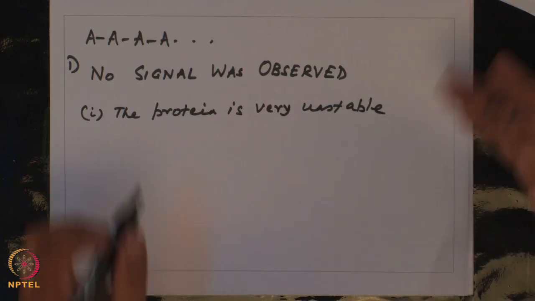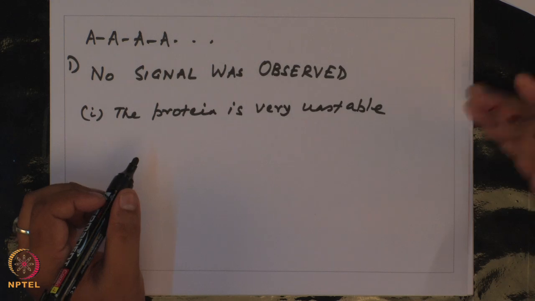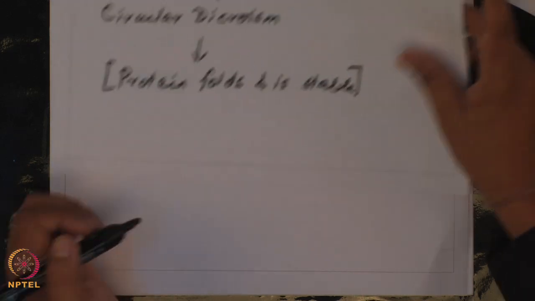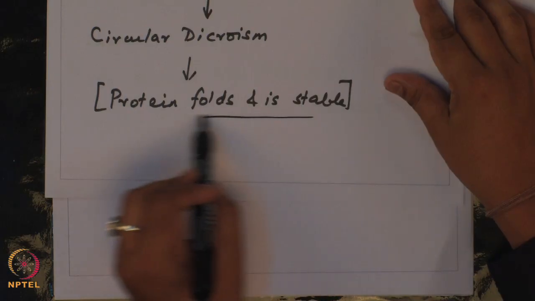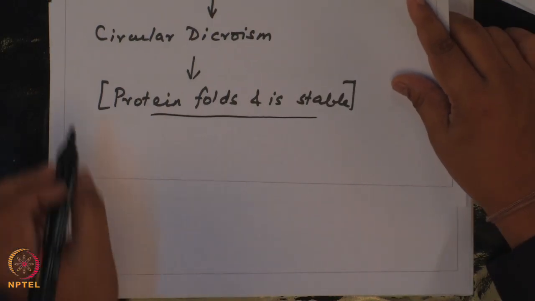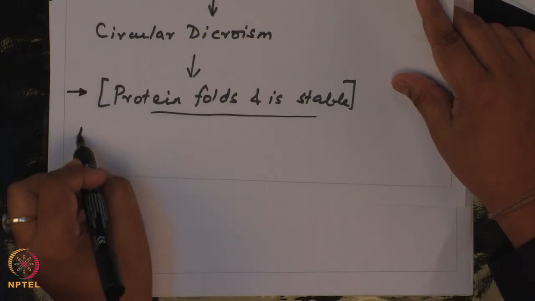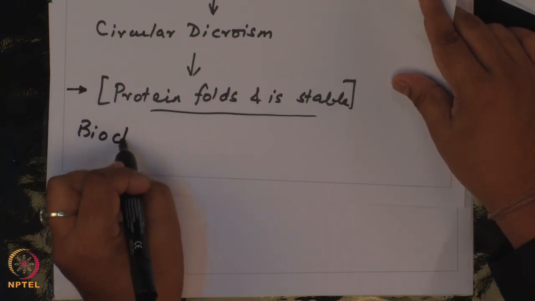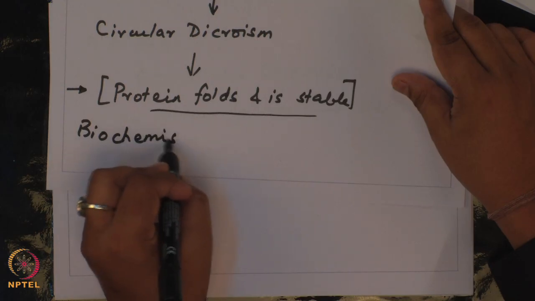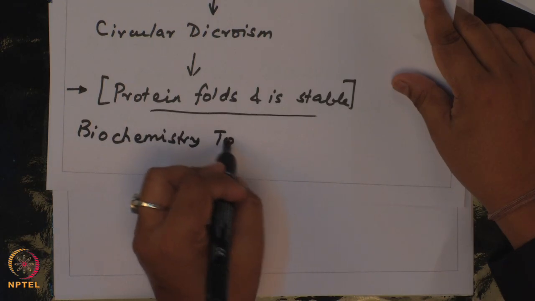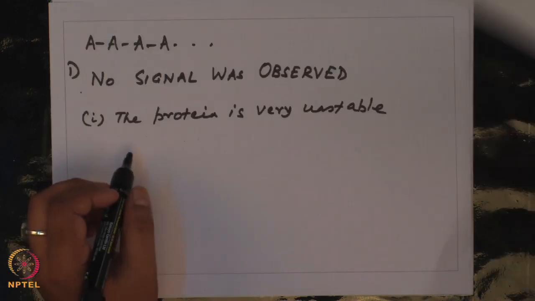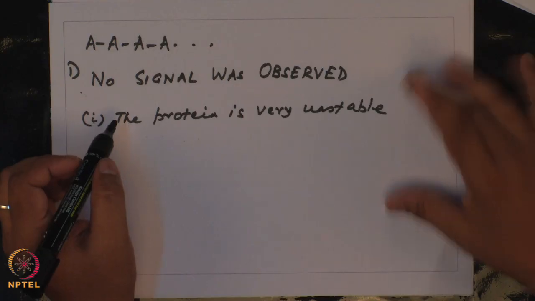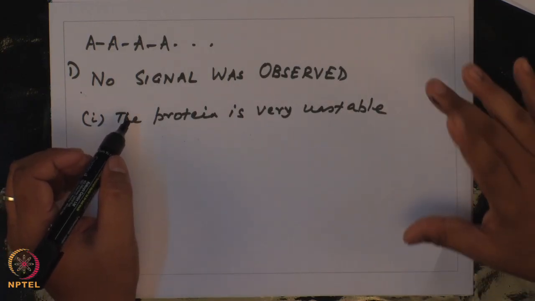So, to begin with, it does not fold properly, and that is why I said that we must make sure that the protein folds and is stable. But if you have done this check using biochemistry tools, then you know that this is not the case. But this might be one possibility, that the protein is very unstable.